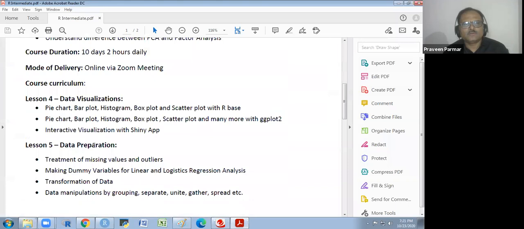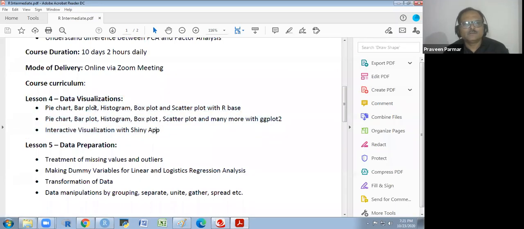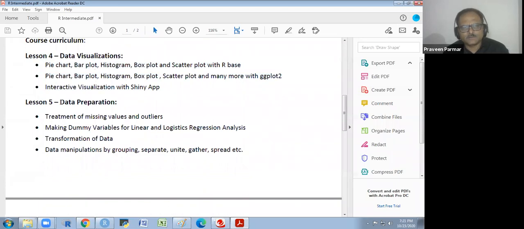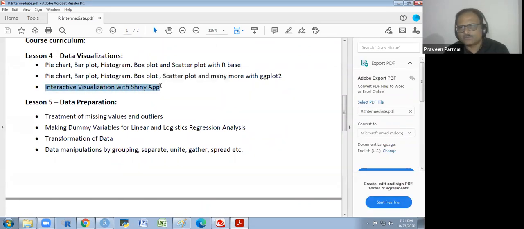So we have covered data visualization, and now we will start the data preparation. One session we will do later on, with the Shiny app. We will not cover the whole Shiny app in one day. It is a course of 15 to 20 days, but I will explain how it works.